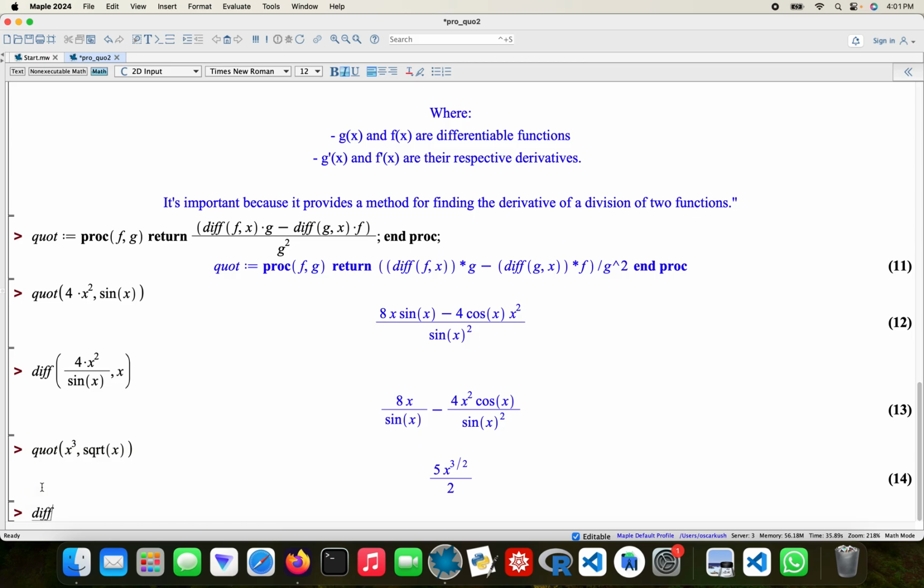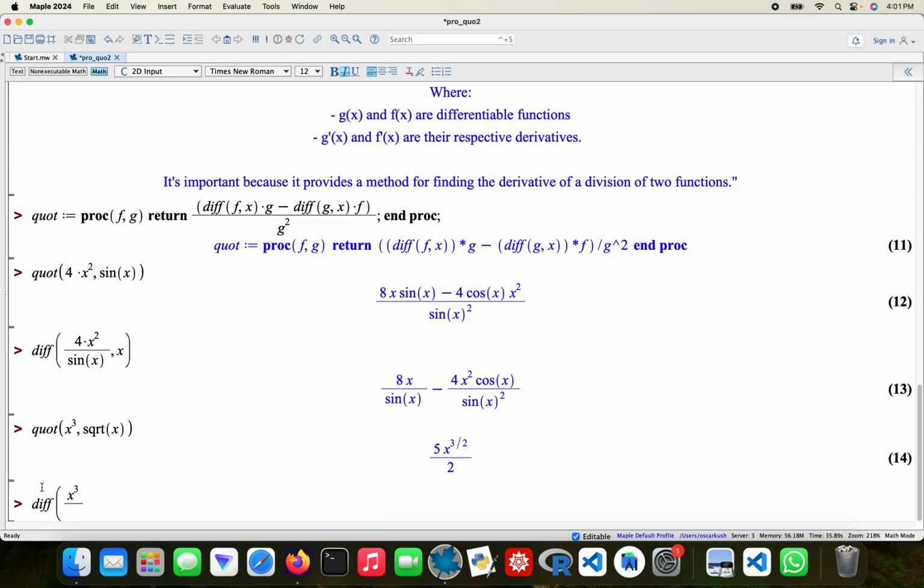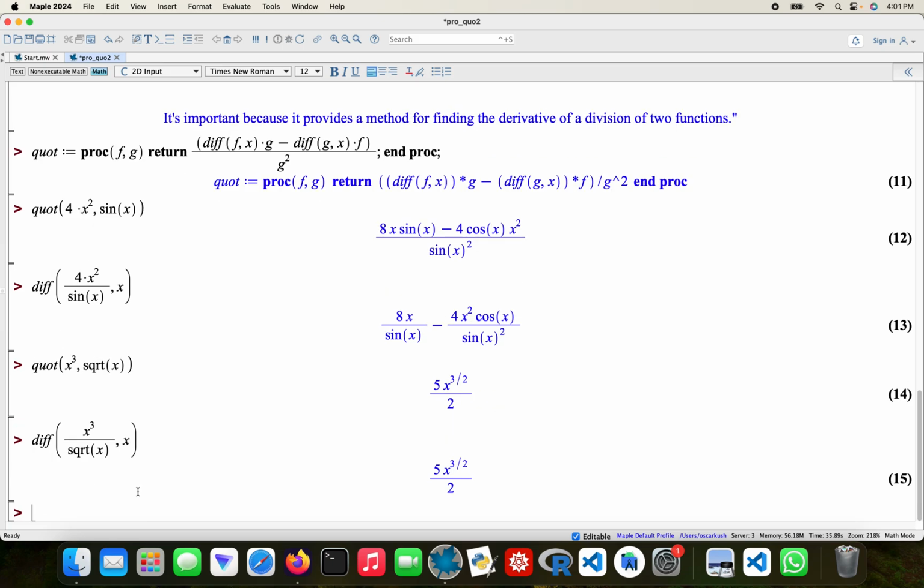Then diff x cubed divided by square root of x with respect to x. There we go. Bob's your uncle, as they say.